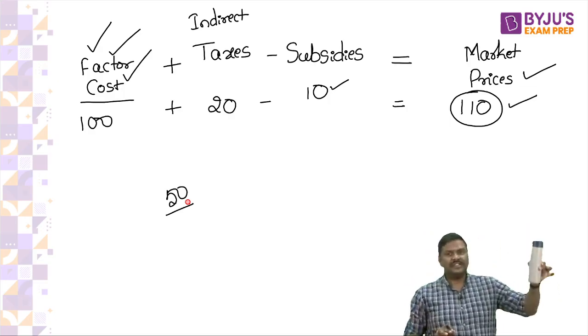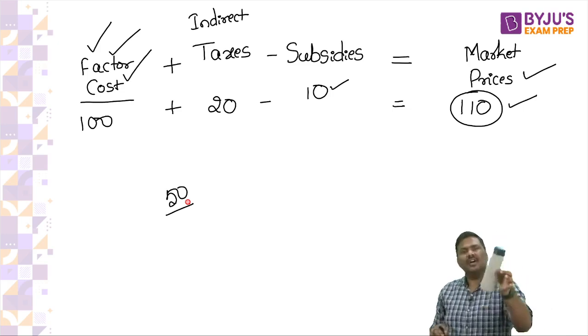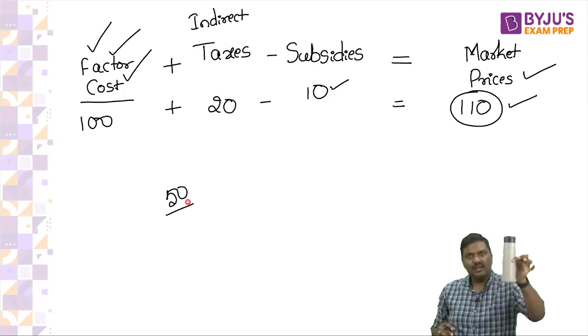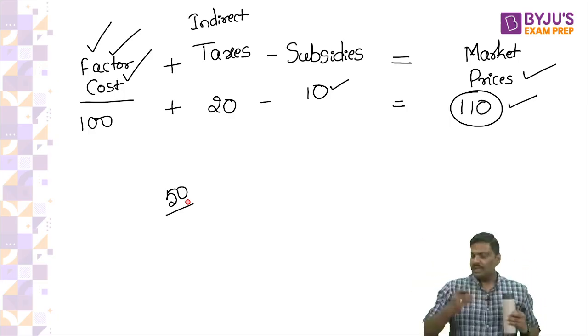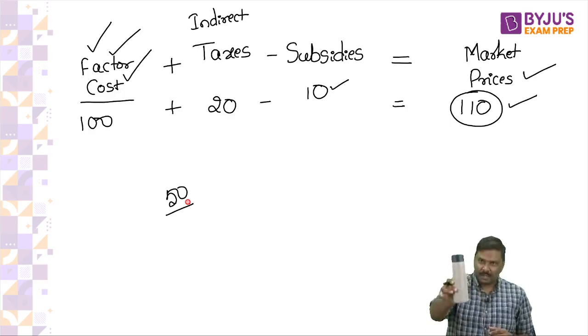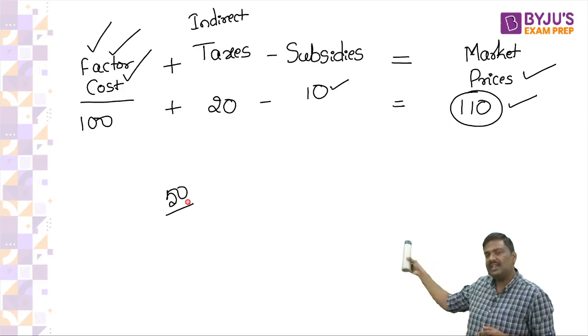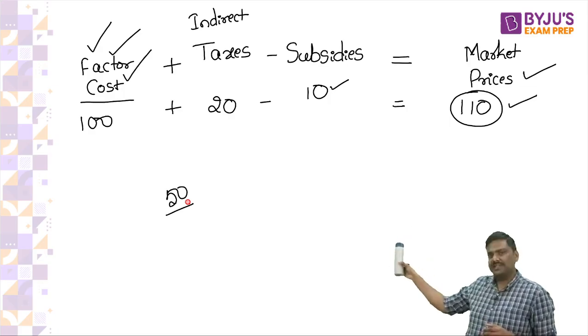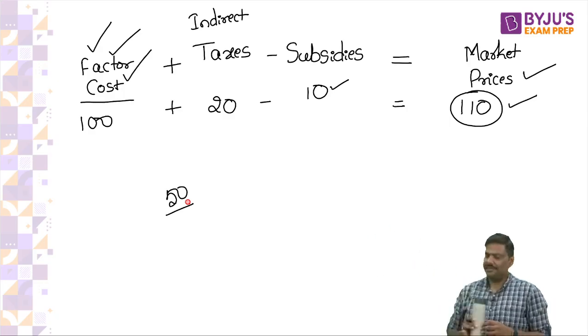A manufacturer will sell it to somebody else, let's say businessman one. This businessman one will sell it to businessman two. Now let me ask you a very simple question. If you purchase the bottle at 50 and sell it to the next person, what will be the price? Will it be more than 50 or less than 50?